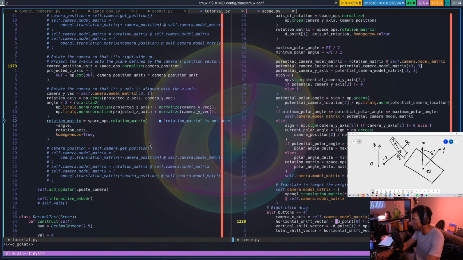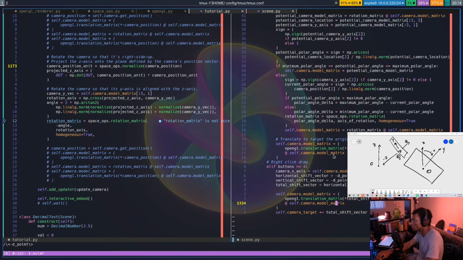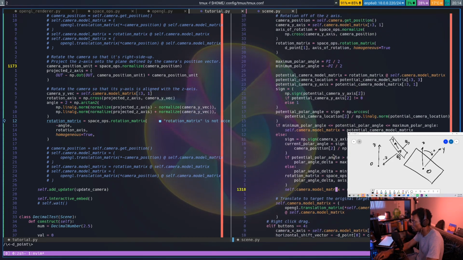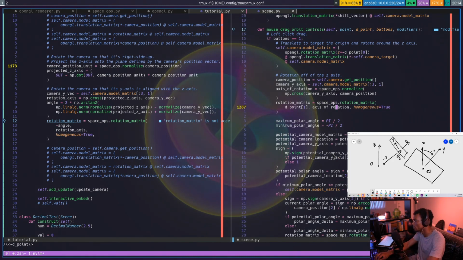There's D point at 1. Oh, I do want the right click drag. Oh no, I want the left click drag. What am I thinking? Here? It's doing the same thing, just getting a rotation matrix and multiplying that.